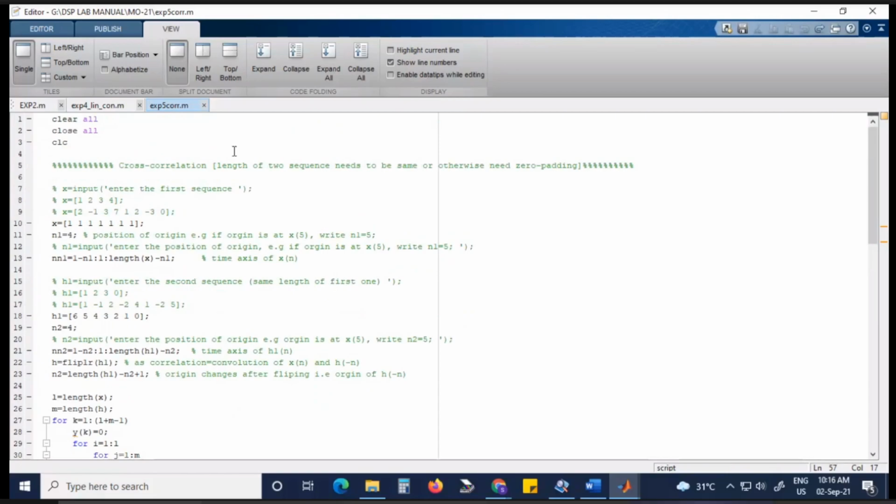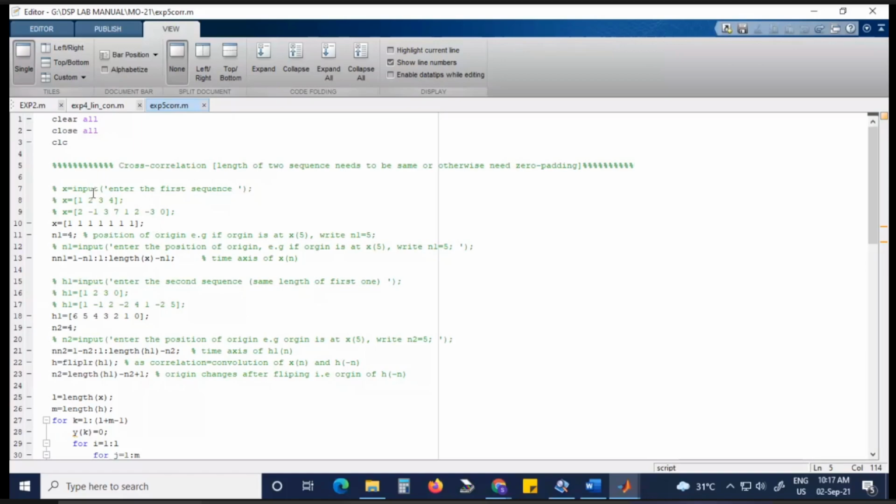So first you see that it is written cross correlation. One condition I have made is that the length of the two sequences needs to be the same, or otherwise need zero padding. You can write your program in such a way that it automatically adds zeros, or you just give the input accordingly so that the two sequences are the same length.